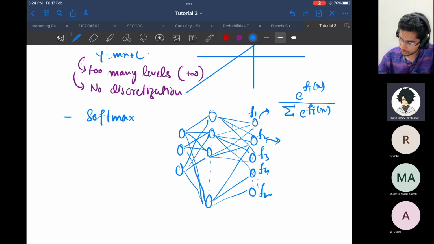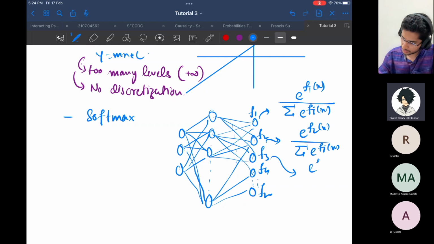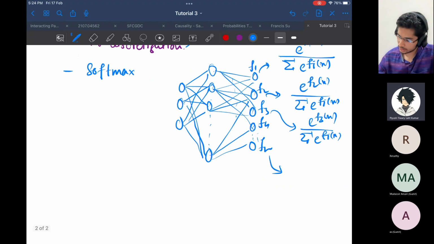So for the second it would be e raised to f2 of x upon summation of e raised to fi of x, then e raised to f3 of x upon summation of e raised to fi of x. So for the nth logit, it will be e raised to fn of x upon summation of e raised to fi of x, right? So this is what it will be.